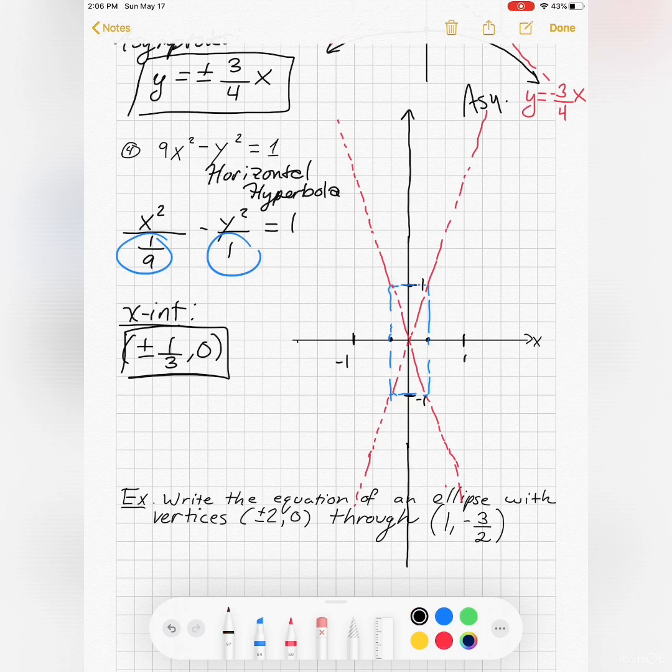All right, something like that, and then starting with the intercept. Okay. Like so. And then let me label the asymptotes.